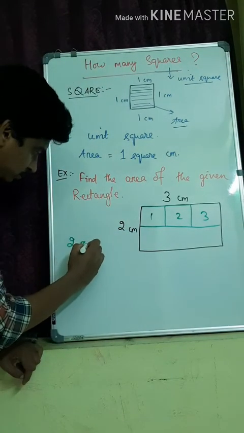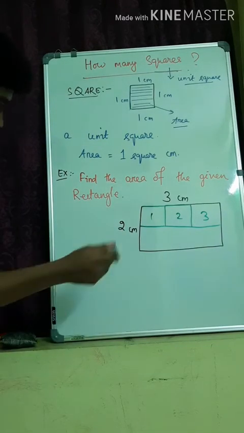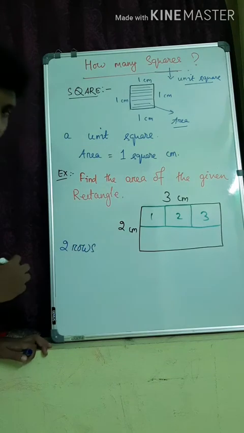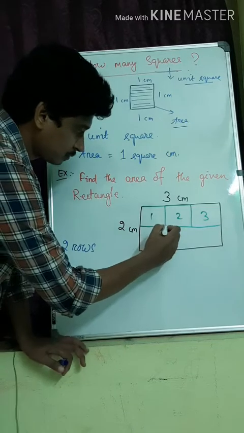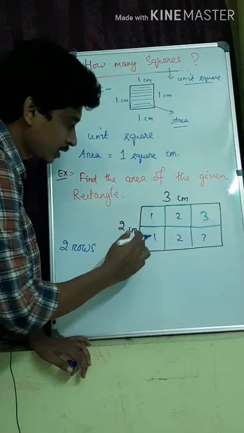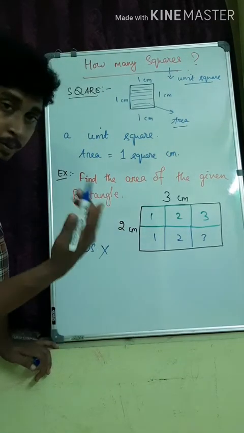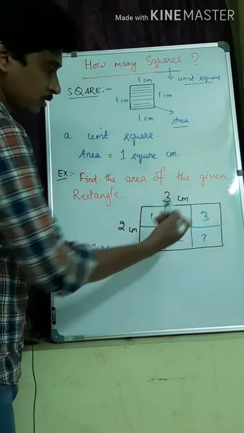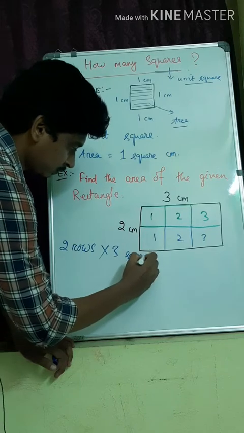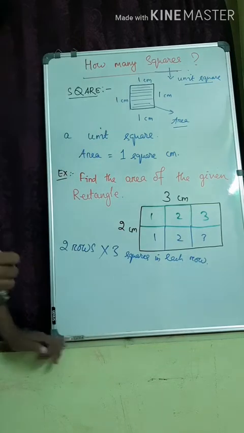So 2 rows, 1 and 2. 1, 2, 3. So 2 rows, and how many squares in each row? 1, 2, 3. So there are 3 squares in each row.